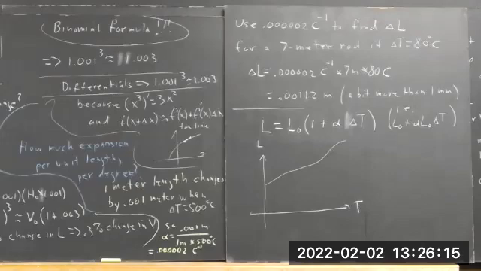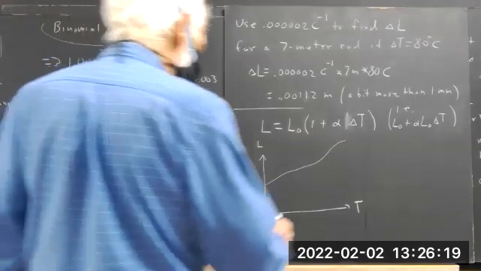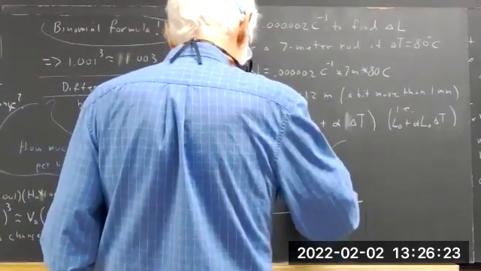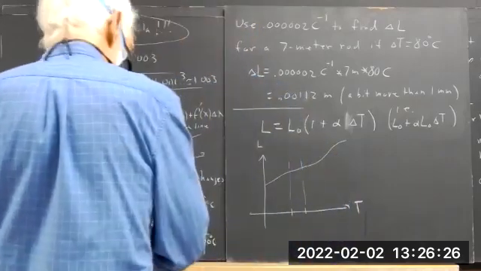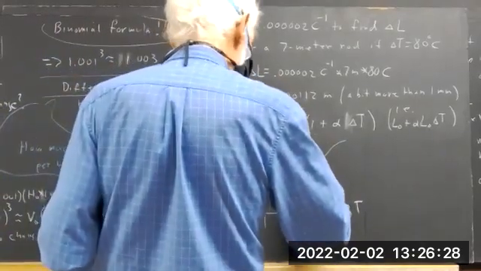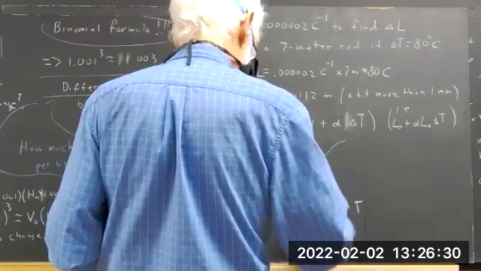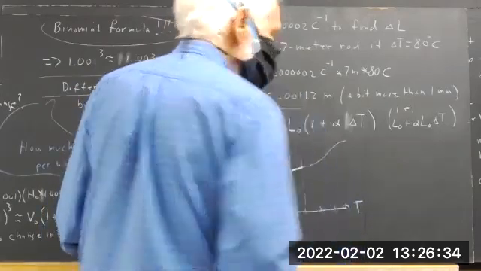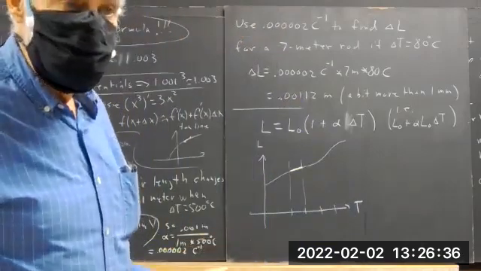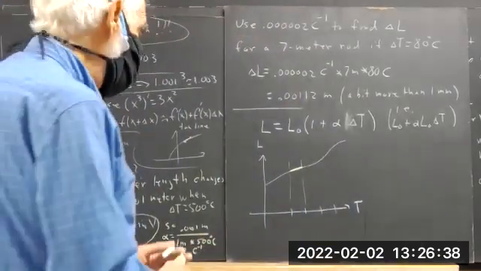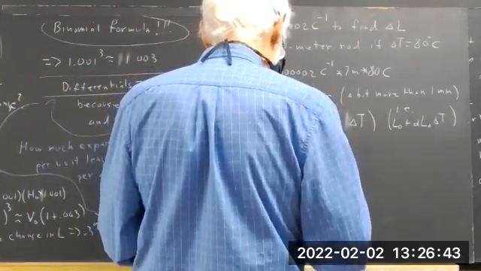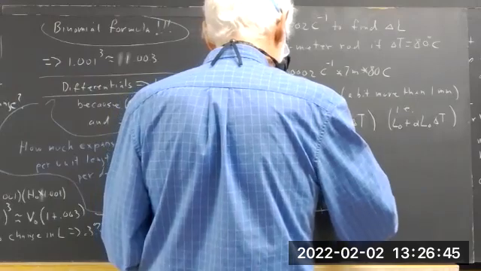But the point is that this thing is not generally linear, but if we look at it over a small temperature range, it's very nearly linear over small intervals. And those small intervals might be a couple hundred degrees Celsius. So you've got to take account of changes in linearity and use a little bit of mathematics to do that.